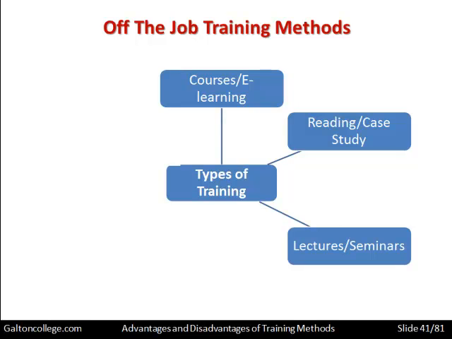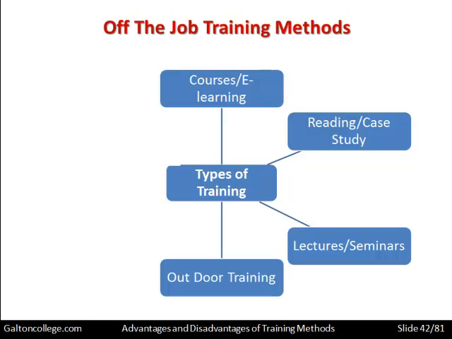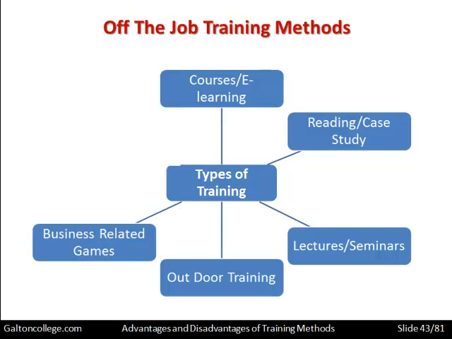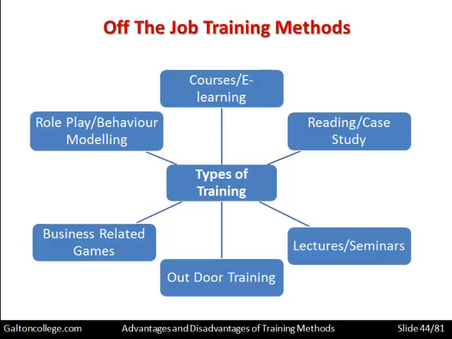It could be lectures and seminars, again a type of training. It could be outdoor training, or it could be business related games which simulate business activity and get the trainee to think more strategically, perhaps. And it could be role play or behavior modeling.